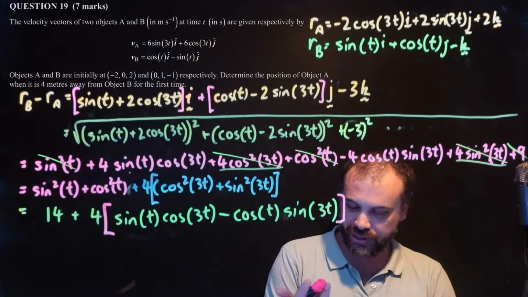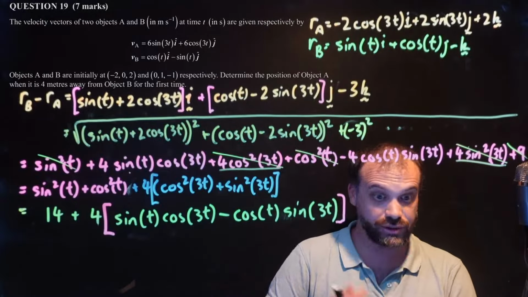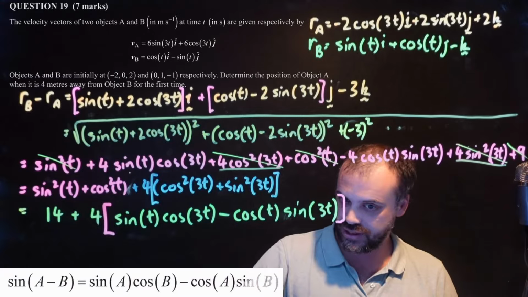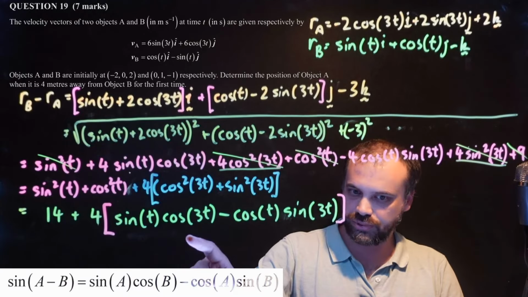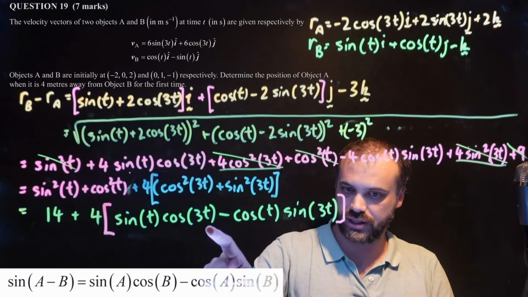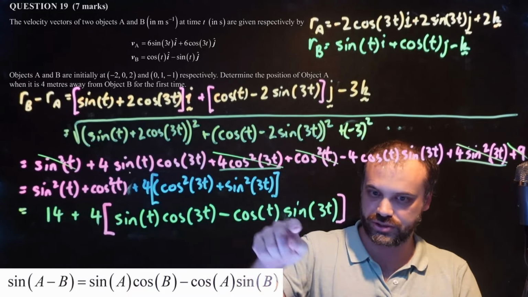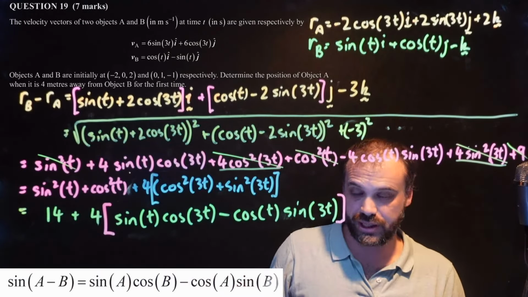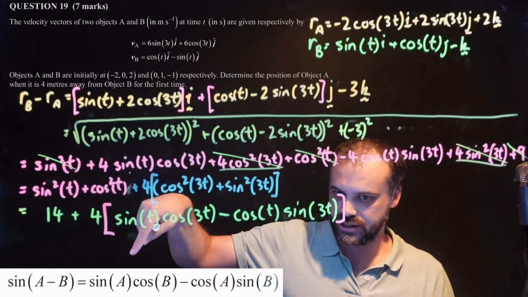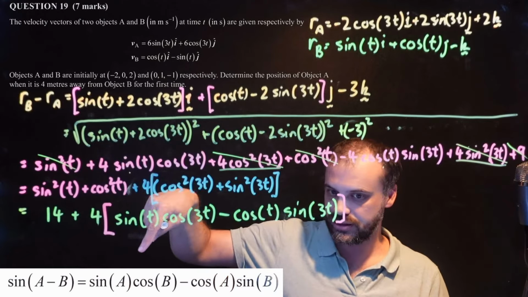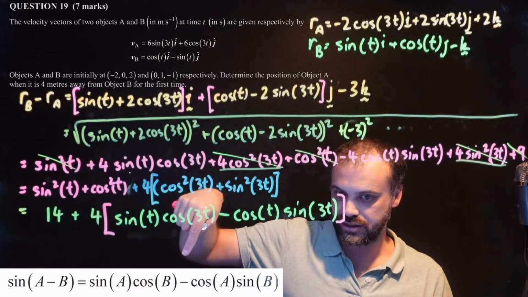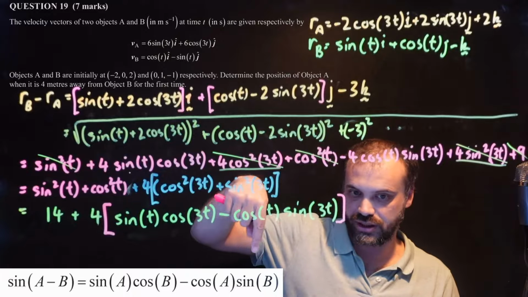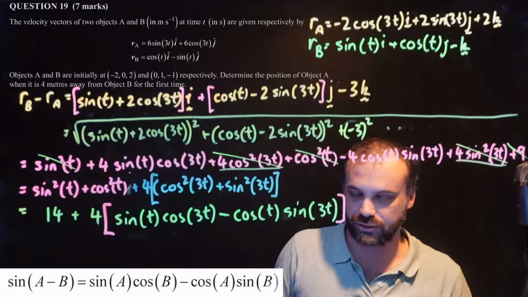Now, it's at this point that being very familiar with the trig identities, or at least knowing how to use your formula sheet, is a good idea, because we have this, which means that we can simplify this wild thing here, sine, cos, sine, into a simple sine A minus B. So if we're subbing this in, we've got sine t cos 3t minus cos t sine 3t, a very neat little pattern.